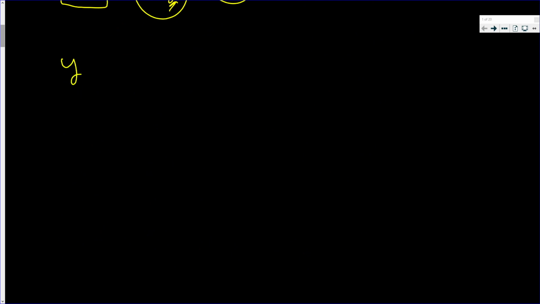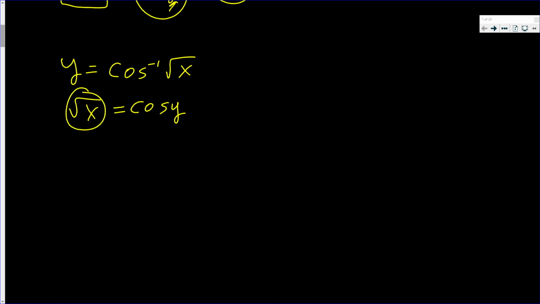If you have that y is equal to cosine inverse of the square root of x, then the square root of x is cosine y. The derivative with respect to x of the left side is 1 over 2 square root of x. The derivative of cosine of any angle is negative the sine of the angle times the derivative of the angle with respect to x.